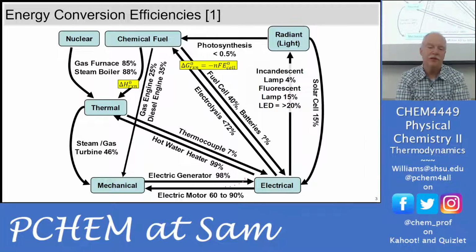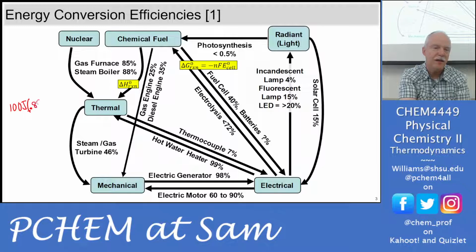So that's very efficient. But all three of these, if we want to have, say, a coal-fired power plant, if we have 100 joules of energy in coal, then we multiply that by that thermal efficiency, 0.88. And then the turbine is where we really take the hit, 0.46.